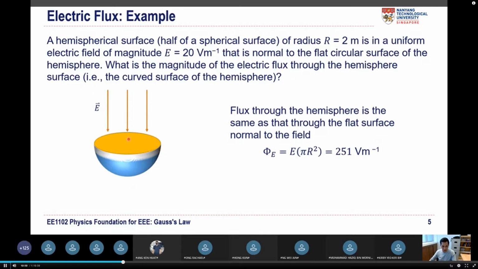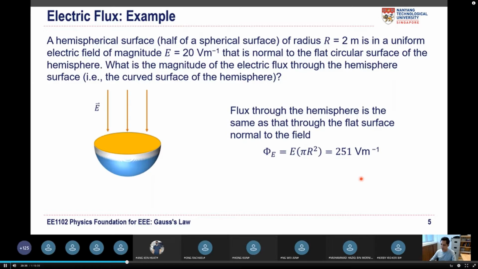You just calculate the area of the circle, which is pi r squared, and multiply it by the electric field, because that is at a normal angle, at 90 degrees to the surface. Then that exact number is the flux going through the blue spherical surface. In that way, you can calculate the flux through the blue surface with a very simple calculation like this.